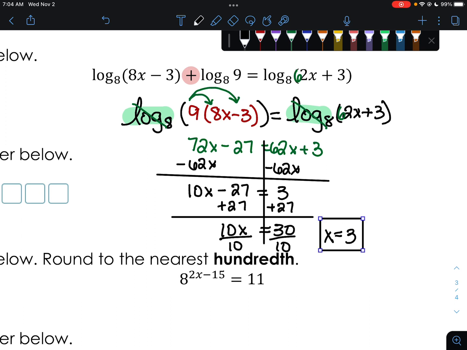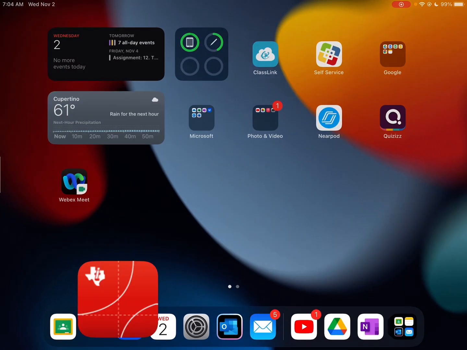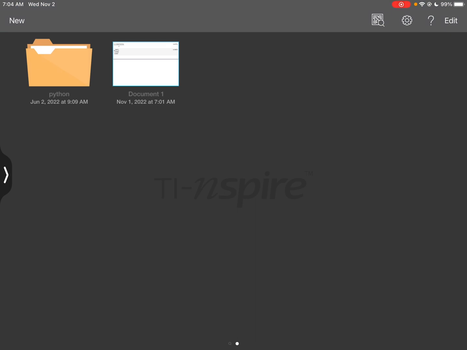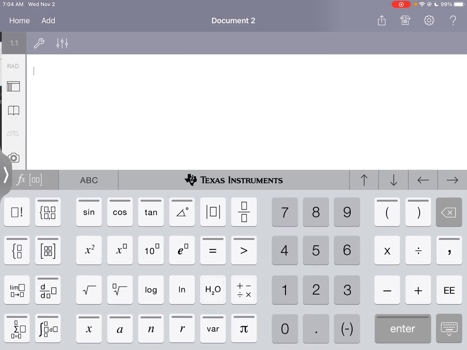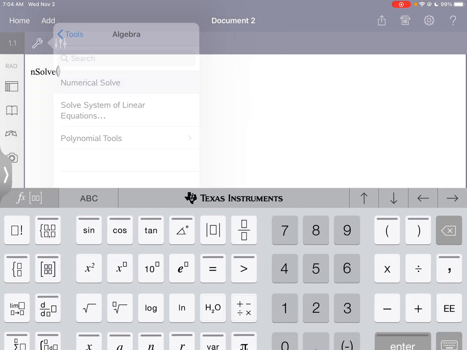Now we go back and we check it in our calculator. Okay, again, this is just to check our work. So we're going to go to a new document. No, we don't want to save, and we're going to add a calculator. So we do menu 3-1 to check our work.